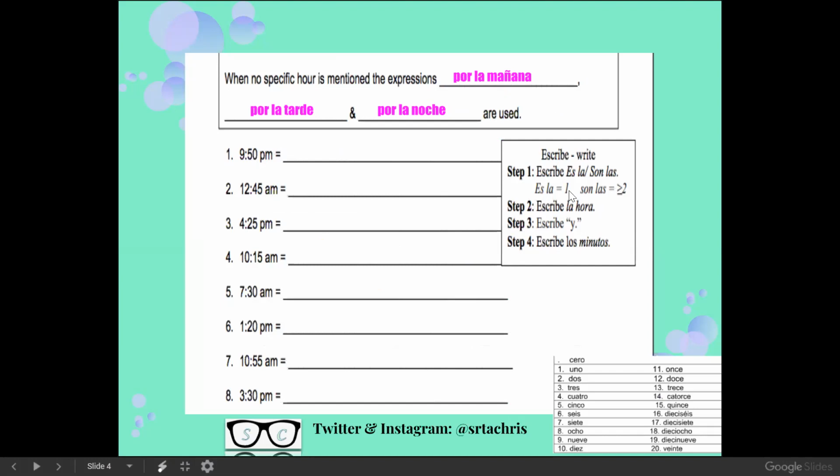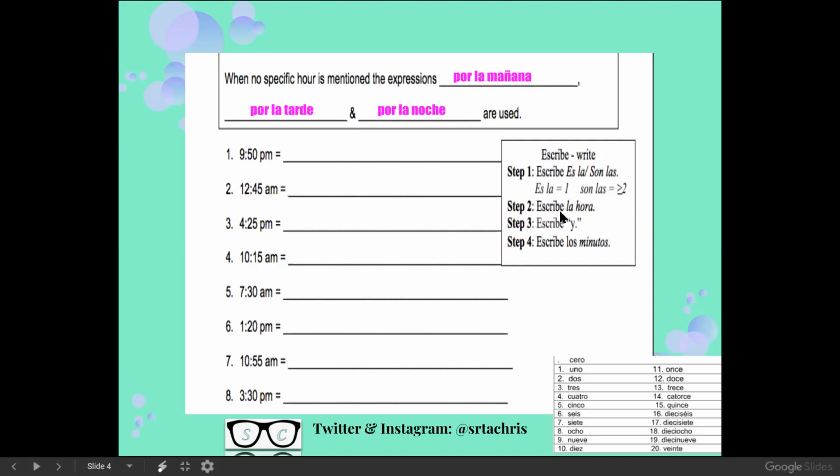You use es la when the hour is 1. You use son las when the hour is not 1. So if it's 2, 3, 4, 5, 6, 7, 8, 9, 10, 11, 12, you will use son las. If it's 1:05, 1:10, 1:31, 1:58, whenever the hour is 1, we use es la.